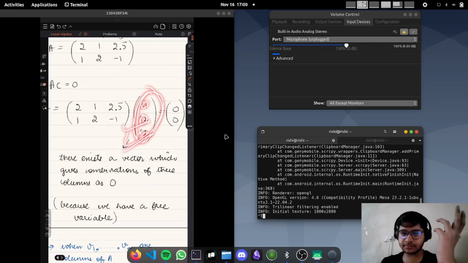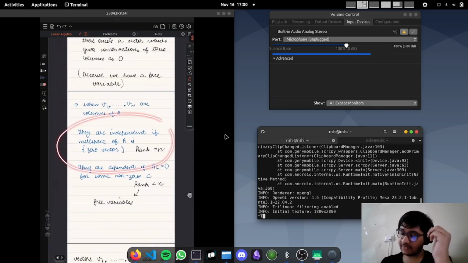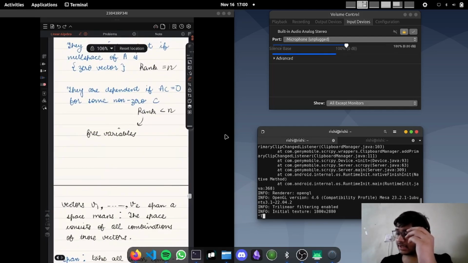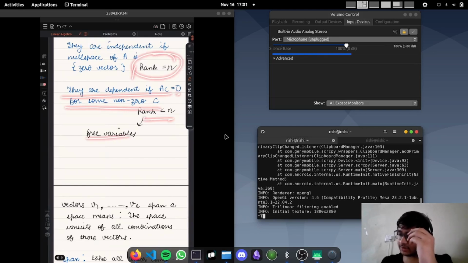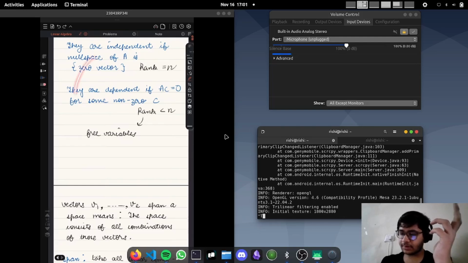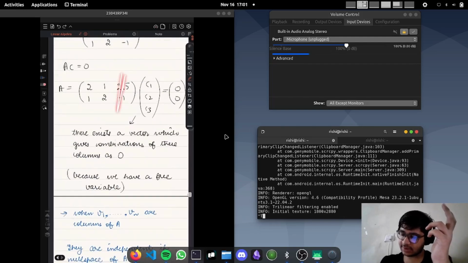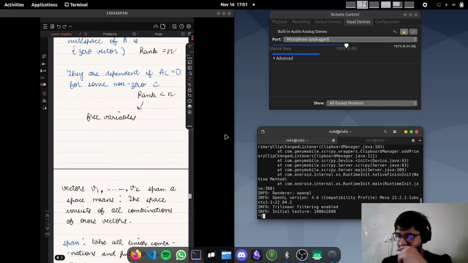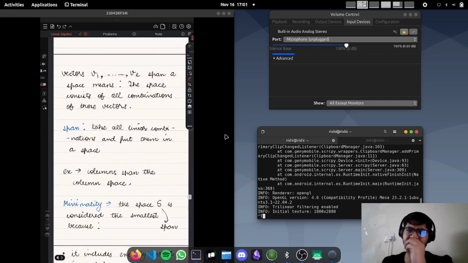But this will be independent if there are no combinations forming 0 other than the 0 vector. They are dependent if Ac is 0 for some non-zero c. Okay, so for rank equal to n, there will only be the 0 vector satisfying this. And for rank less than n, like this case, there is a free variable which will result in some kind of null space.